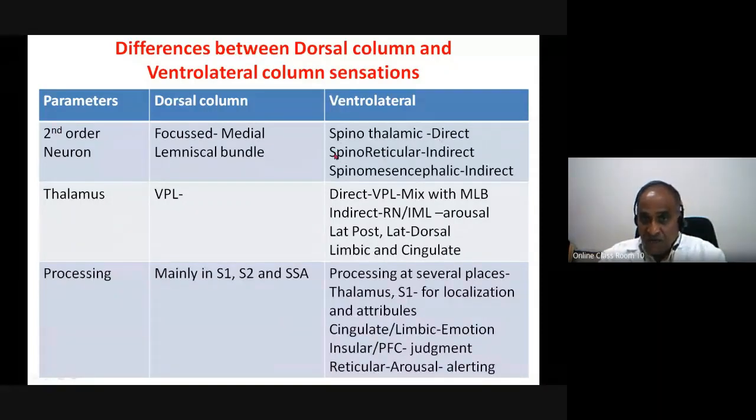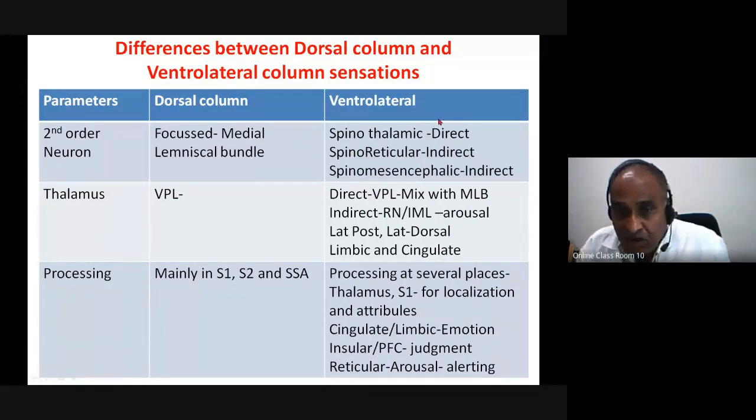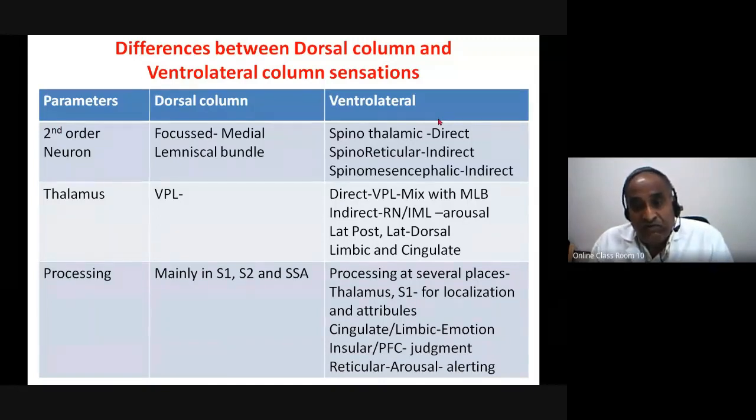They also have, as I mentioned, a spino-reticular pathway and a spino-mesencephalic pathway for the indirect pathway. Now coming back, the thalamic nucleus involved for dorsal column sensation is the ventroposterolateral nucleus. Whereas in the ventrolateral column, more than two groups of nuclei are involved.